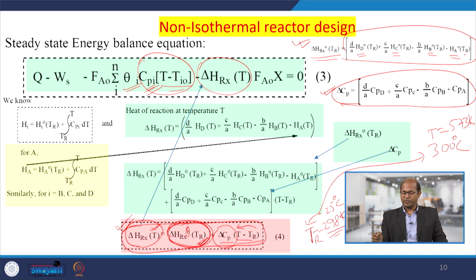By definition, this is the enthalpy of products minus the enthalpy of reactants, the change of initial or standard enthalpy, and this is the heat capacity change, products minus reactants. If you know these components, you can substitute them in this term. So in equation 3 we substitute this part.